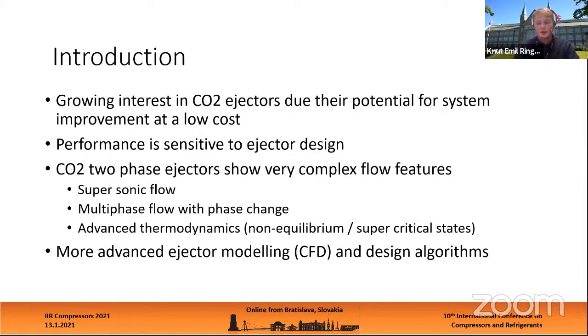Some of the features that we have to consider are supersonic flow, multi-phase flow with phase change, and a complicated phase change type that's called flashing, and also quite advanced thermodynamics in the sense of non-equilibrium and supercritical states.